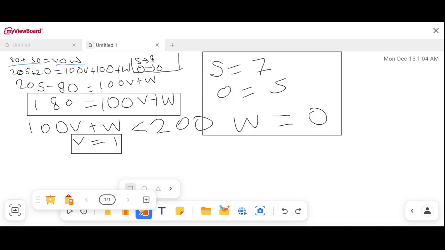Proper looks. So these are the 3 values we got from the third equation. We were able to find out 4 values. Okay, and now we continue.